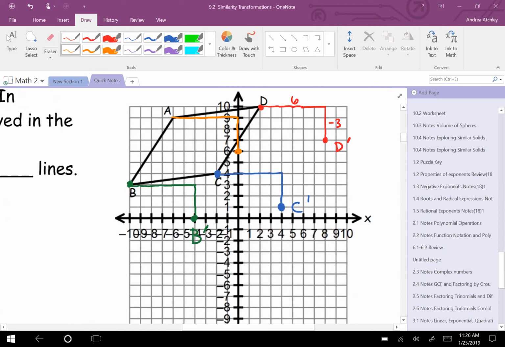And that's going to be my A prime. Now I'm going to connect those dots. A, B, C, D, A.